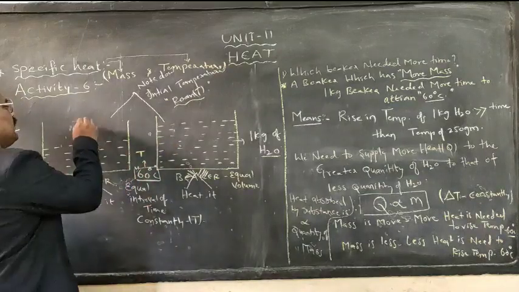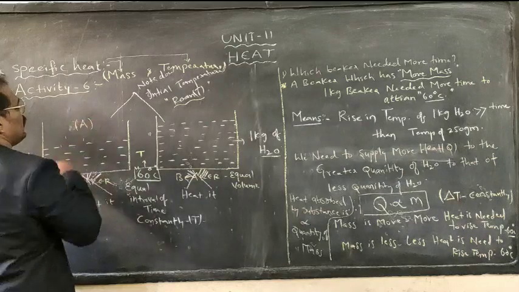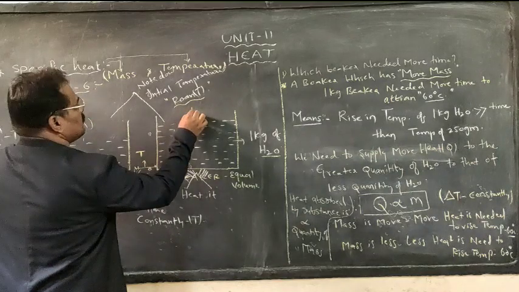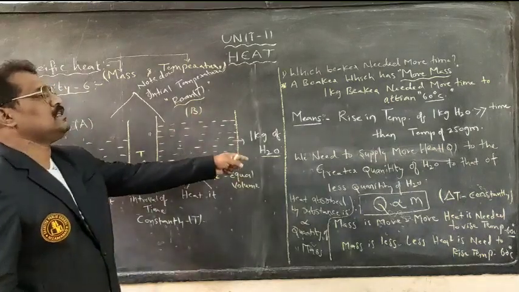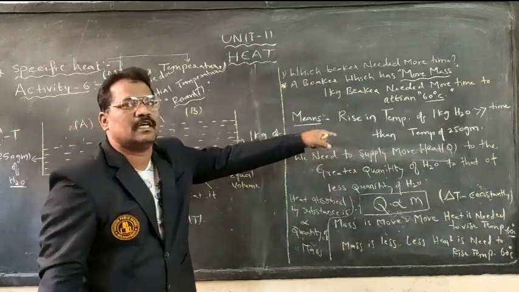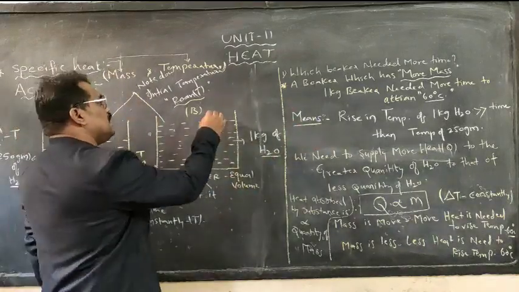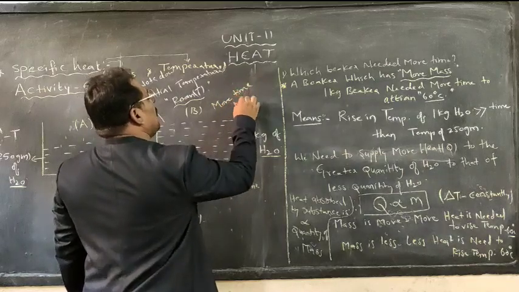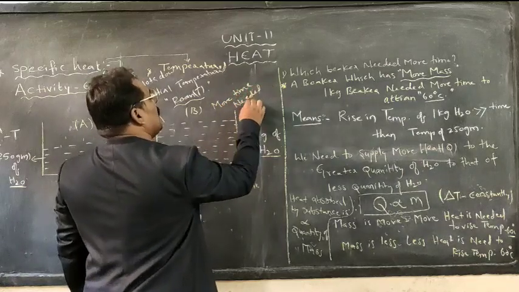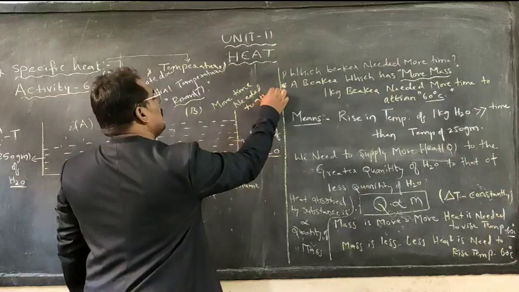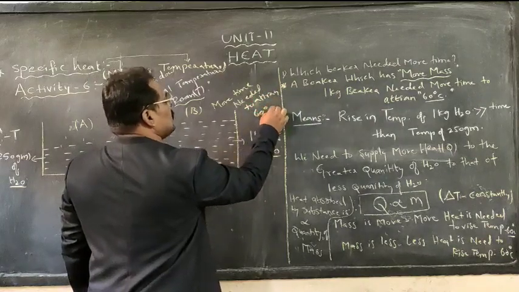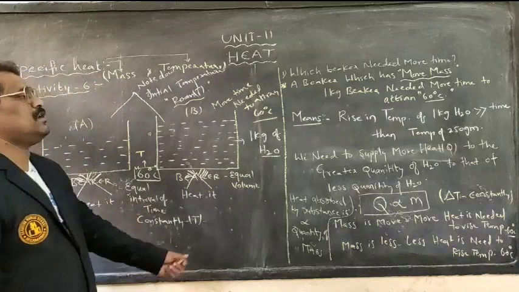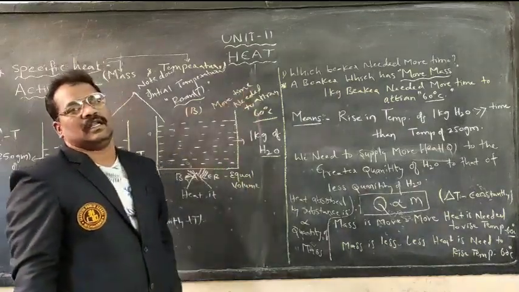For example, if beaker A has 250 grams and beaker B has 1 kg of water, then to attain a temperature of 60 degrees centigrade, beaker B needed more time.